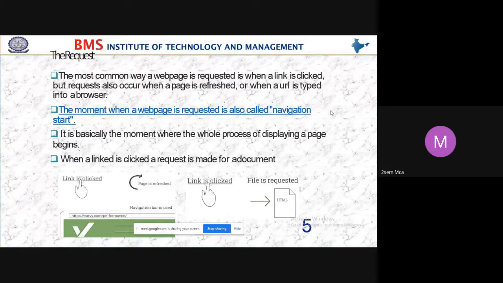That is also a request I am giving to the server. The most common way a web page is requested is when a link is clicked, but a request also occurs when a page is refreshed or when a URL is typed into a browser.